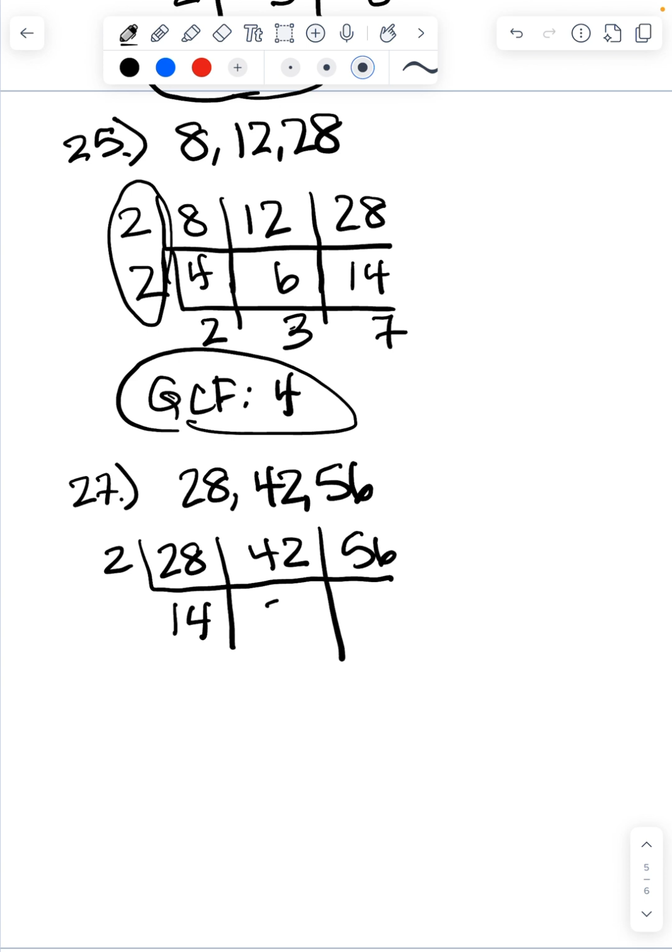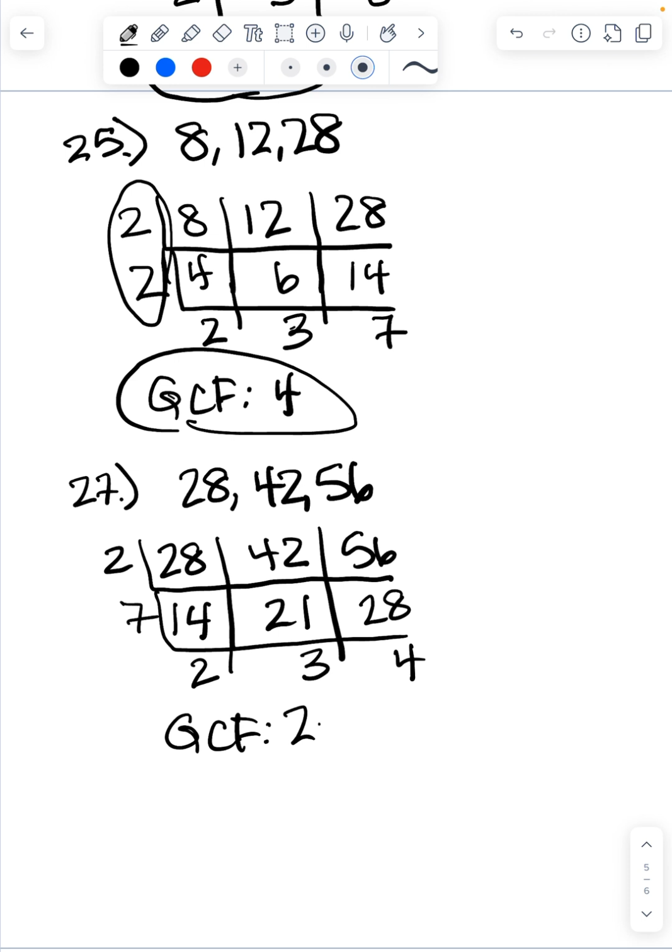That leaves me with 14, 21, and 28. I think we're done at, let me see, let me just double check here. Oh, they all divide by 7. I see that now. Okay, so 14 divided by 7 is 2, 21 divided by 7 is 3, 28 divided by 7 is 4. So that means my GCF is 2 times 7, or 14.